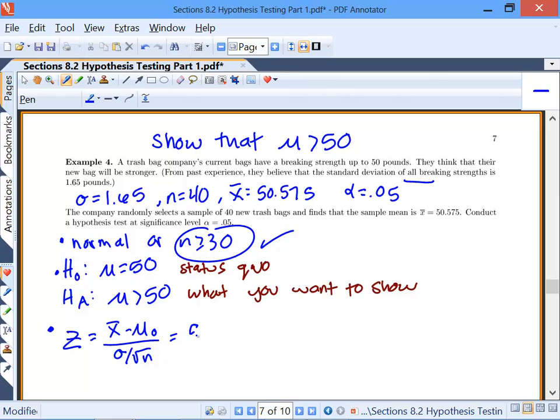Okay, so x bar, 50.575, minus my best guess for my population mean, which is my 50, or just your null hypothesis mean. Standard deviation is 1.65 over the square root of 40.